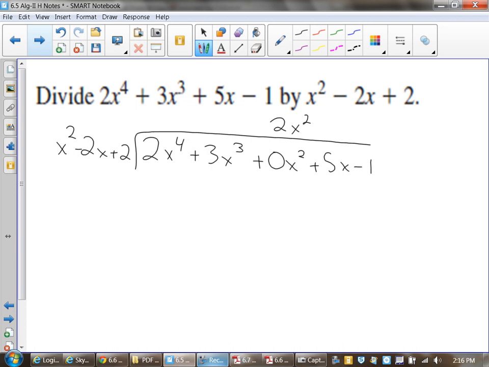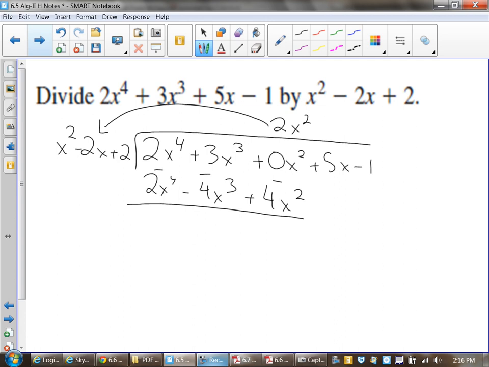Multiply those all together. So you have 2x to the 4th minus 4x cubed plus 4x squared. Remember, I'm multiplying back over here. 3 simple subtraction problems. 2 minus 2, gone. 3 minus negative 4 is 7x cubed, good.